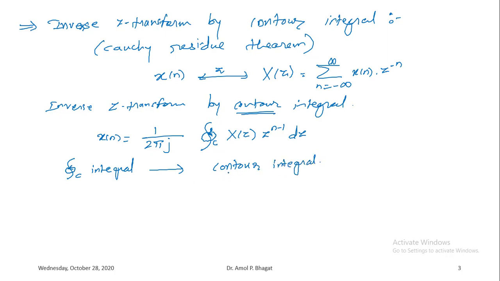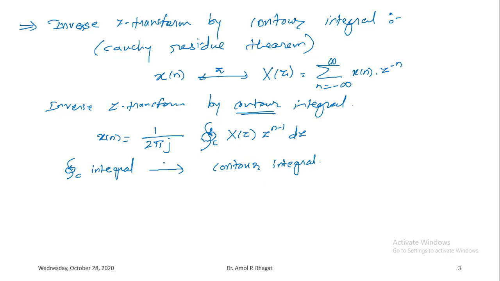What do we mean by contour? It follows a certain path. Basically, it is a contour integral over a closed path C that encloses the origin and lies within the ROC of X of z.